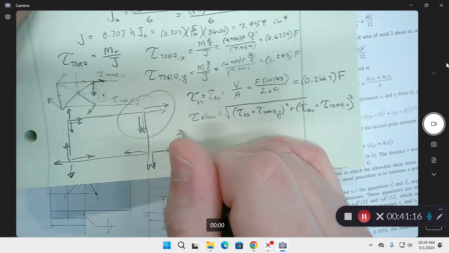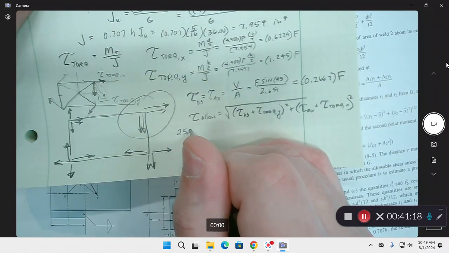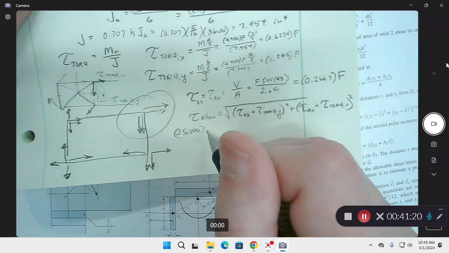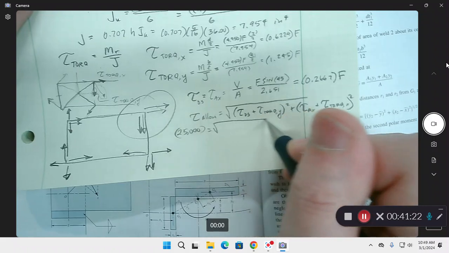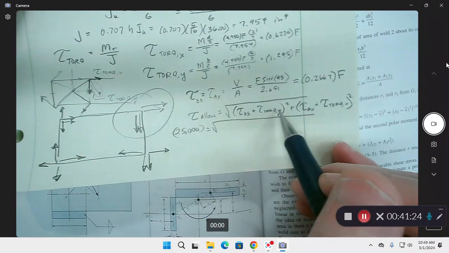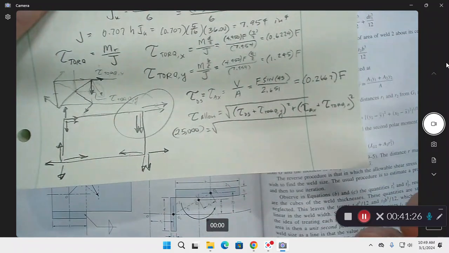So what's that? 25,000 equals the square root. And by the way, every one of these has an F inside it.